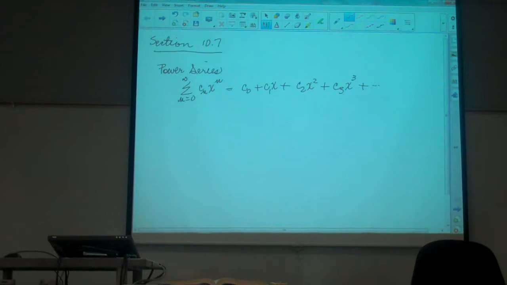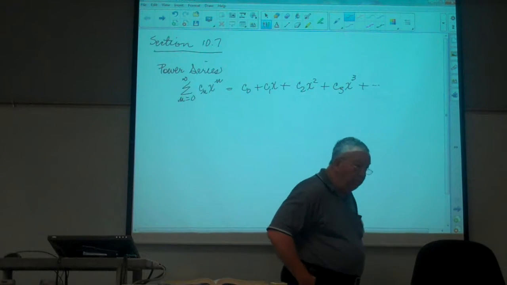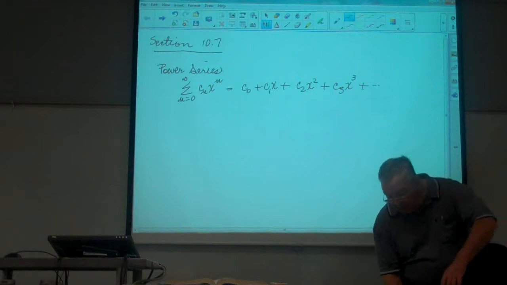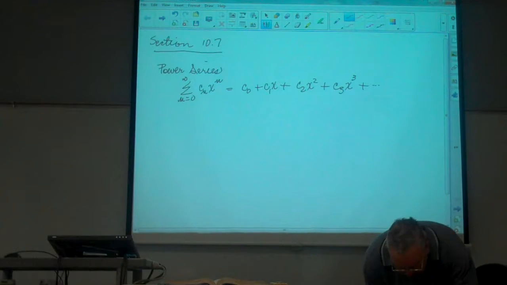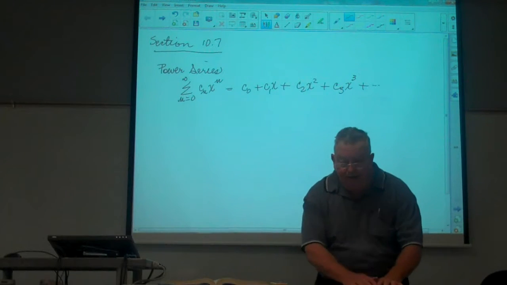Wouldn't you agree that if x is the variable and c's are constant, that right next to e to the x, that's about the easiest thing in the world to integrate? Add one to the exponent, divide by the new exponent, and do it term-wise, right? So this is the solution to our problem after we've used all of our tricks in chapter 8, and none of them work.